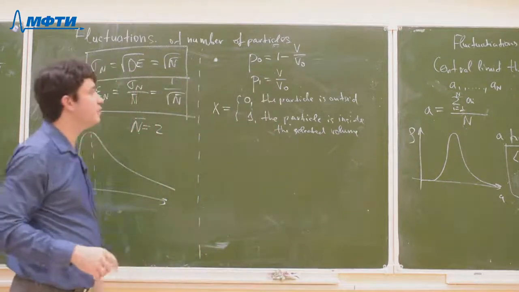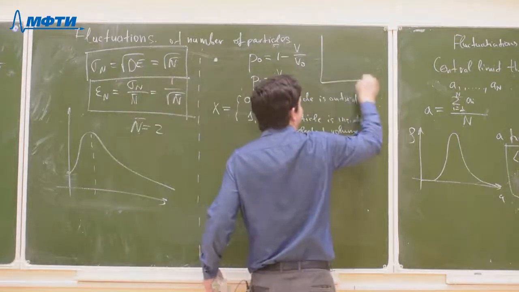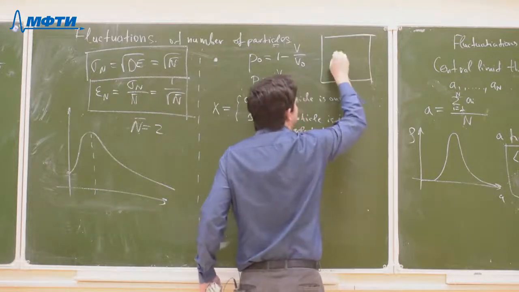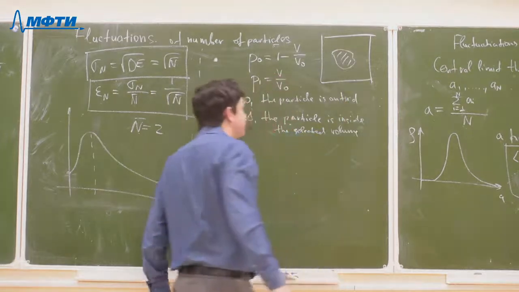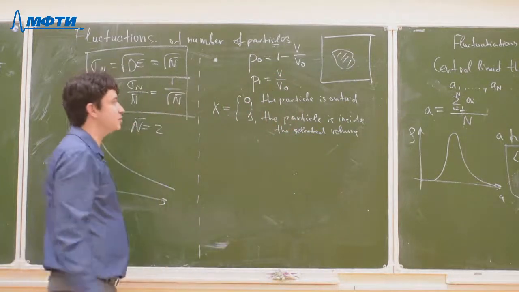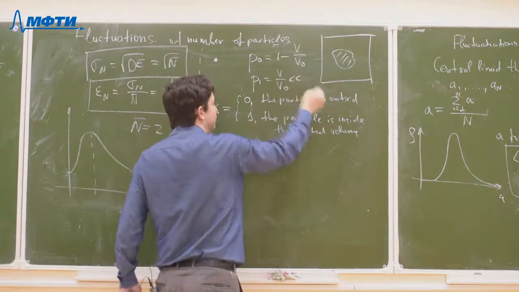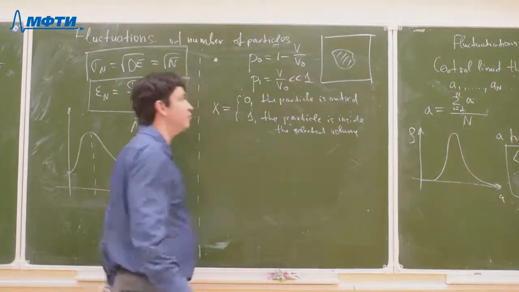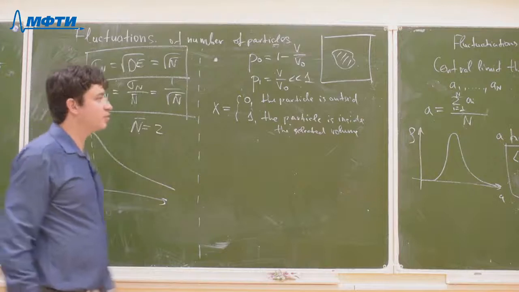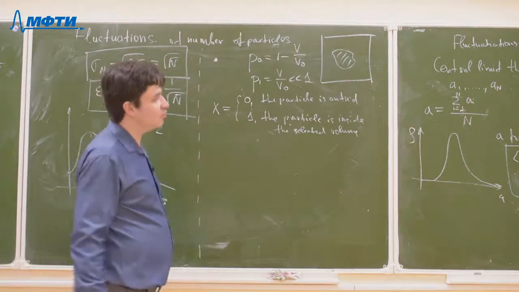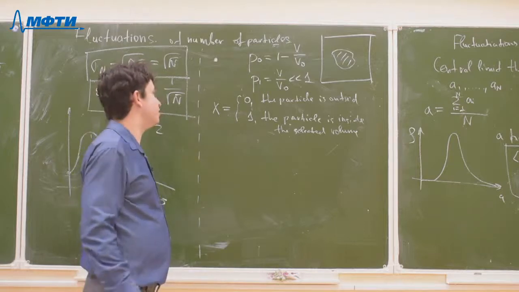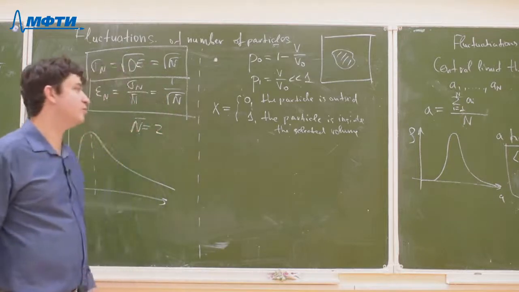So here we consider the same physical problem, when we have a vessel and a selected volume in it, and the selected volume is much smaller than the volume of the vessel. But we know for some reason that the standard deviation for the number of particles inside the selected volume is much lower than the average number.